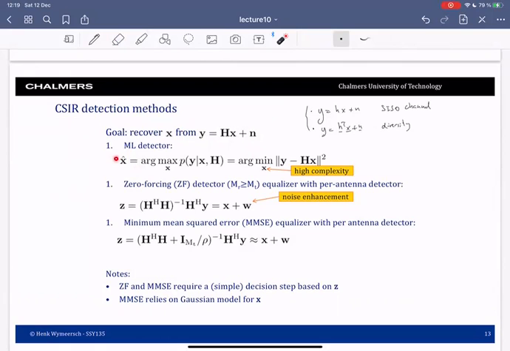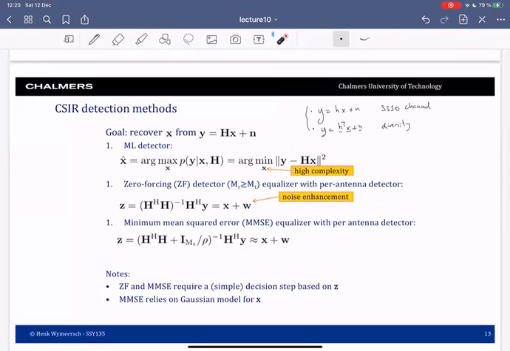By definition, the maximum likelihood estimate of X is you solve the following optimization problem. You find the X that maximizes the likelihood. This is a Gaussian likelihood now, of course, because the only thing that's random is the noise, and the noise is Gaussian. Following the standard steps that we did before, you take the logarithm and then you remove all the constants that are not necessary. You find that you will solve a minimum Euclidean distance detection.